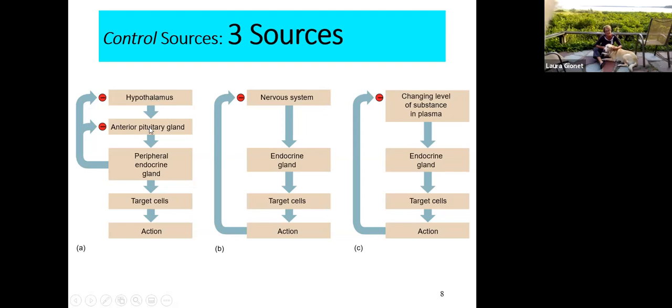The hypothalamus to the anterior pituitary route uses a capillary bed that transports hormones produced in the hypothalamus to either release or inhibit one of the 6 hormones that are produced and released from the anterior pituitary gland. Then that hormone travels to the target and stimulates some kind of action. This is another portal system.